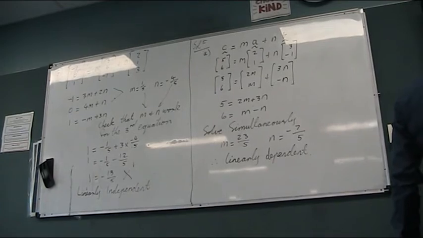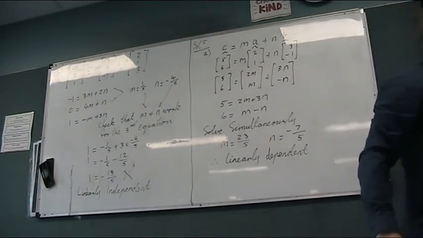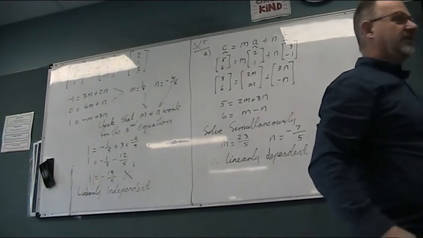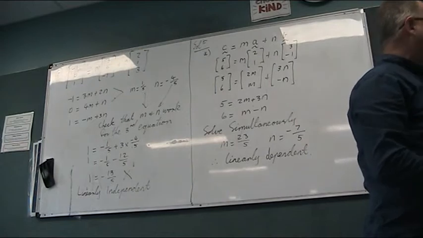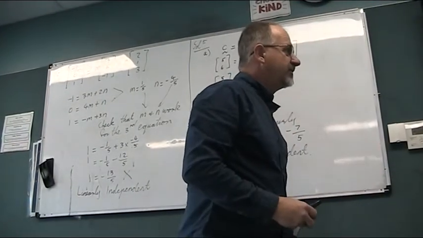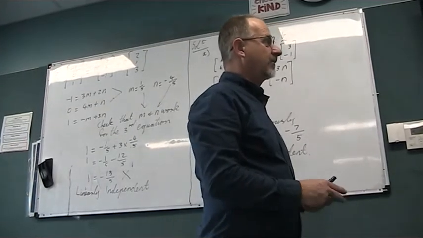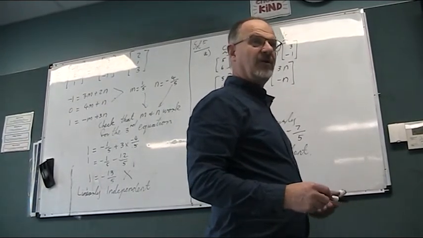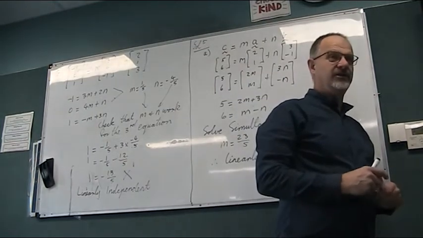Theta is related to the lengths of those sides, opposite over adjacent, so tan theta is y on x. That helps us figure out the polar form of the vector if we need to use it.